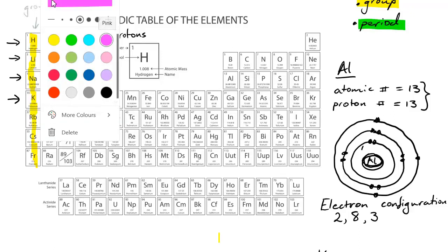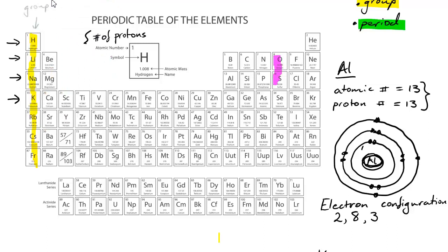If we look at, say, this group of elements down there, again, you can be sure that they have the same number of valence electrons as you go down the group. They have similar properties as a result, but they don't have the same size. So oxygen at the top there only has 2 electron shells.